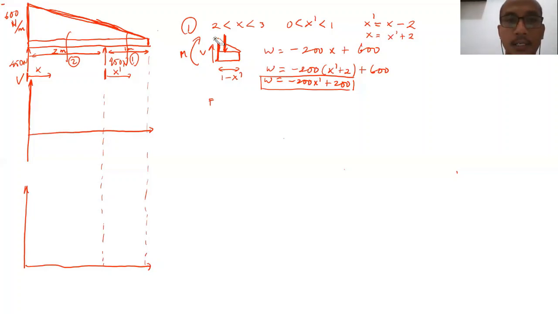In this case it's this particular W, minus 200 x action plus 200, multiplied by the length. In this case, the length is 1 minus x action, divided by 2.